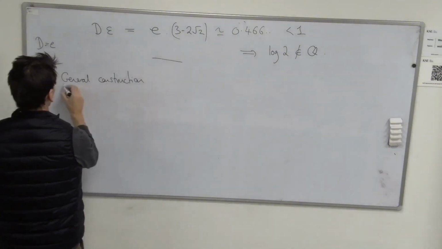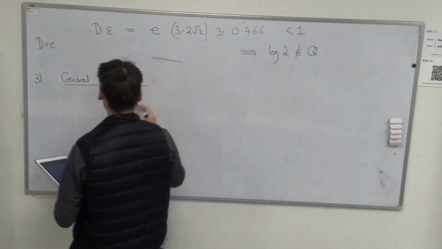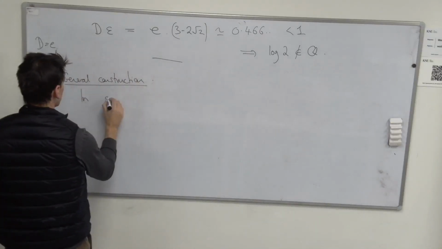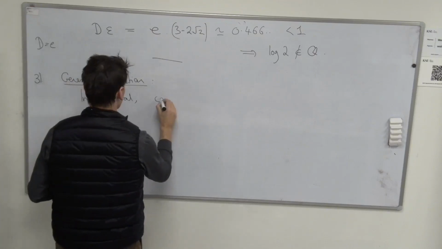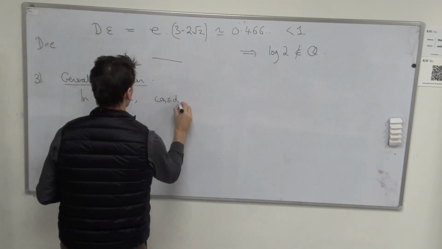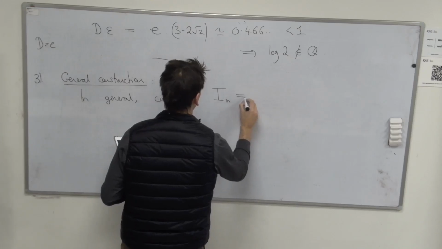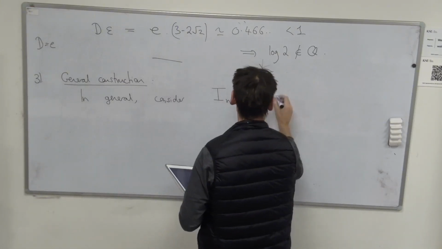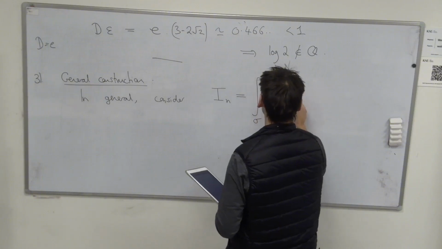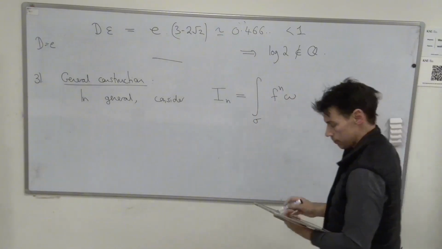So I'll explain how to do zeta 2 and zeta 3. So in general, consider a family of integrals of the form integral over sigma of f to the n omega.